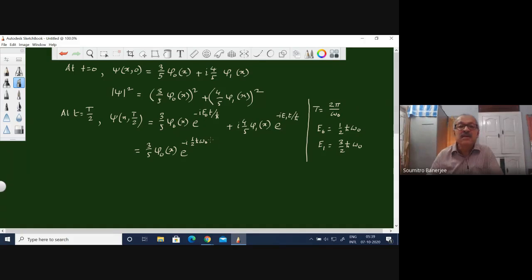You can see that this is pi by omega naught, plus i 4 by 5 psi 1 x e to the power minus i, E1 is 3 half h cross omega naught.